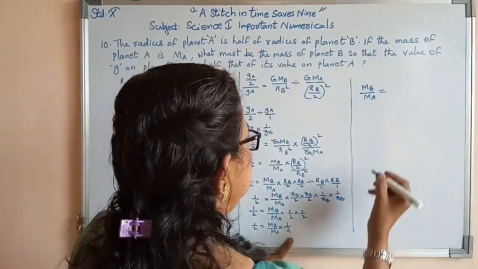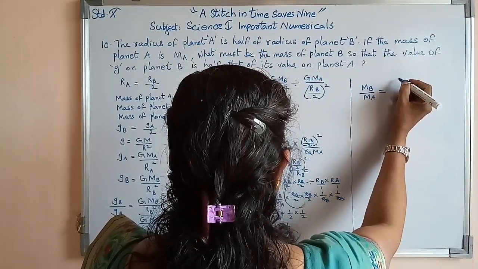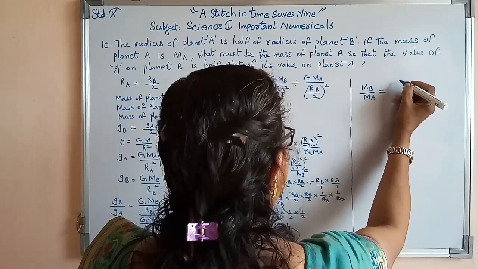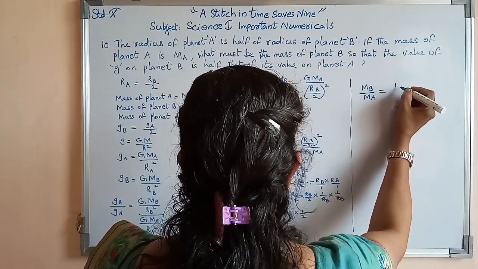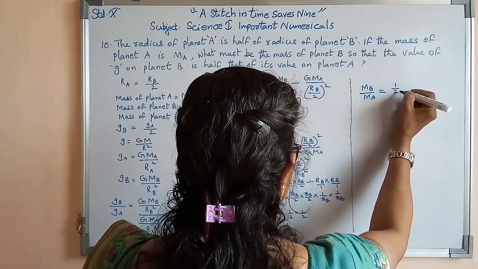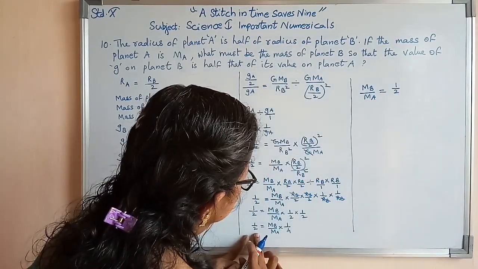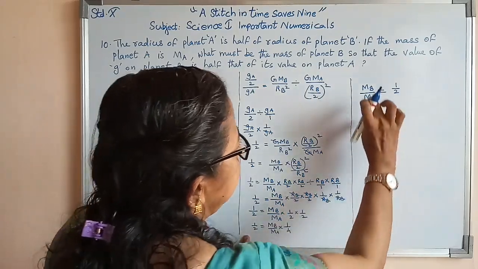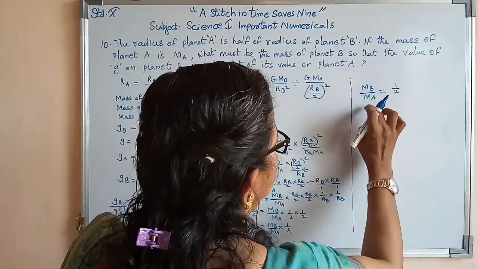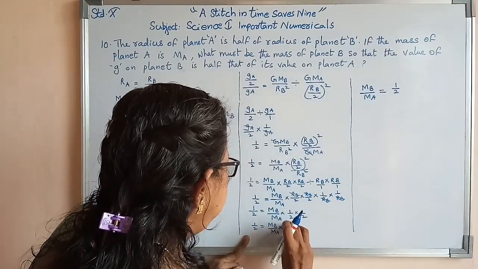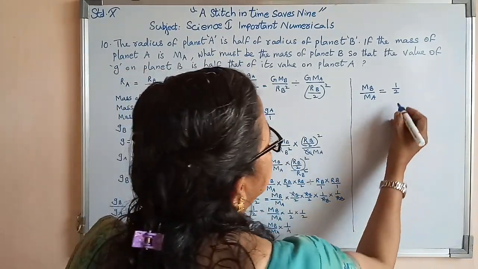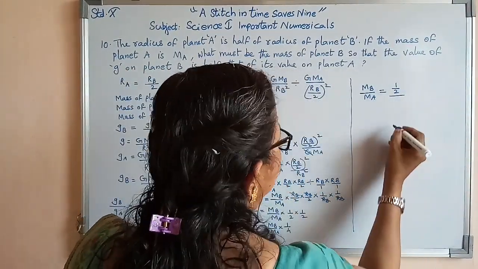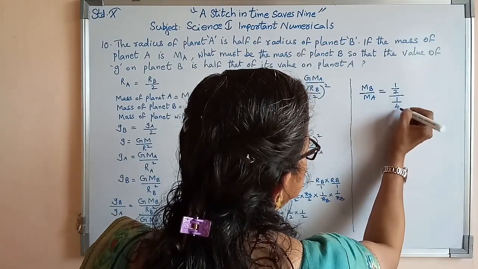this value, 1 upon 2, then this value we keep as it is. This value we are separating, that means Mb upon Ma we are separating, so this value we take to this side. So what will it be: 1 upon 2 upon 1 upon 4.